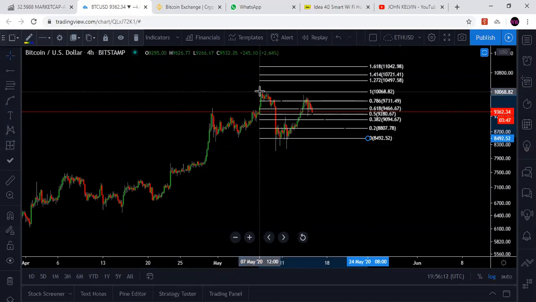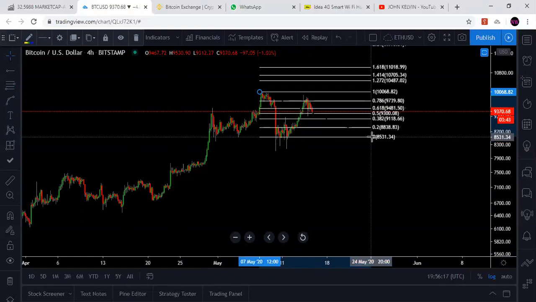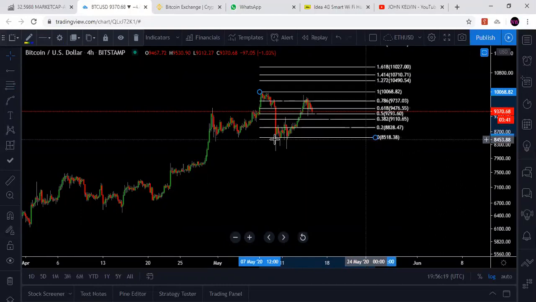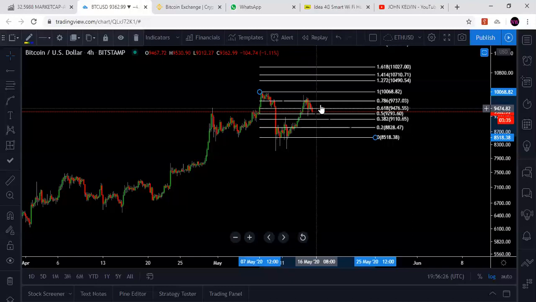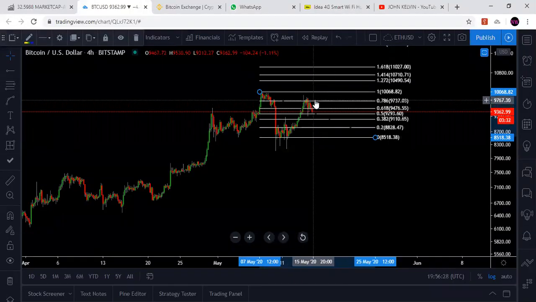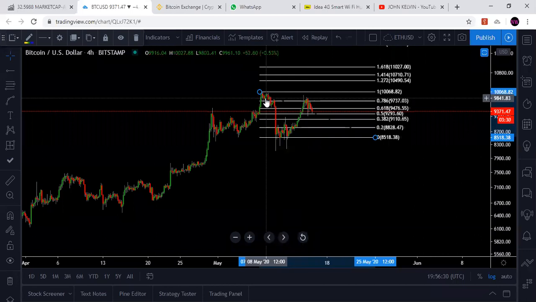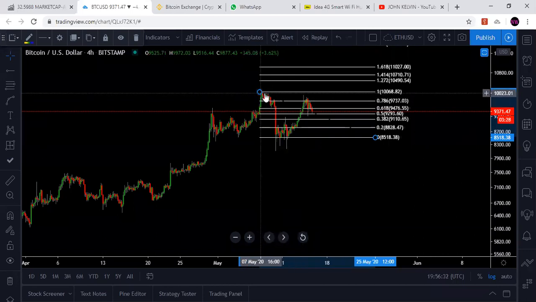So we will have this, which is where the body of the candlestick got to, not the rejection wick. So the body of the candlestick must be between the 0.618 and halfway through the 0.786, but must not get to the top.